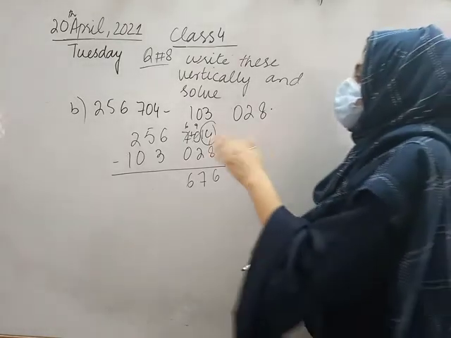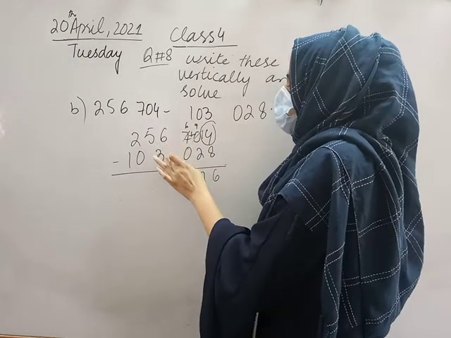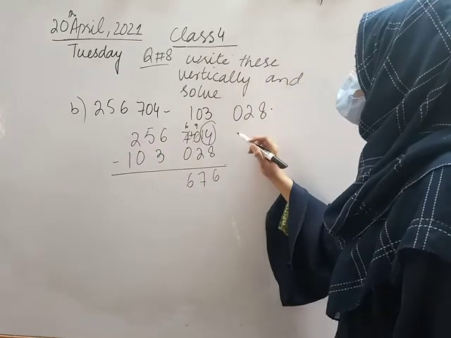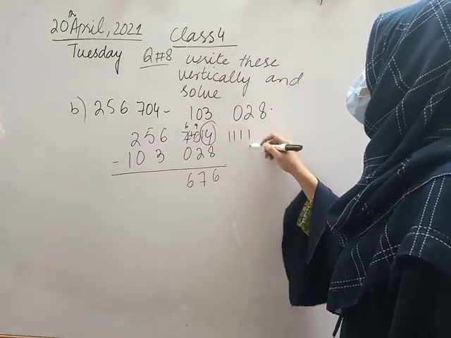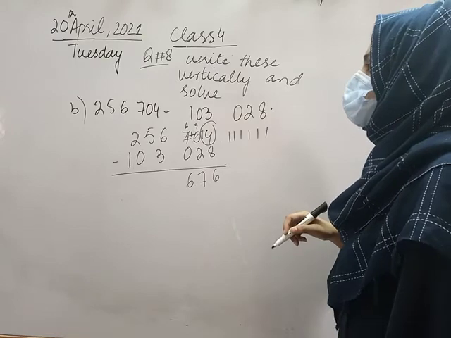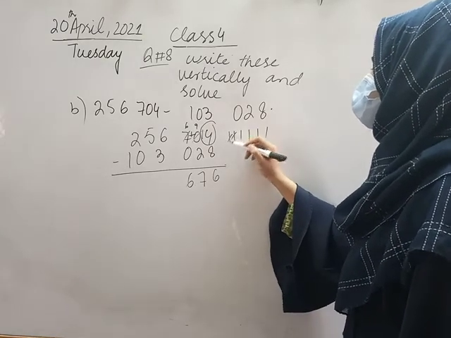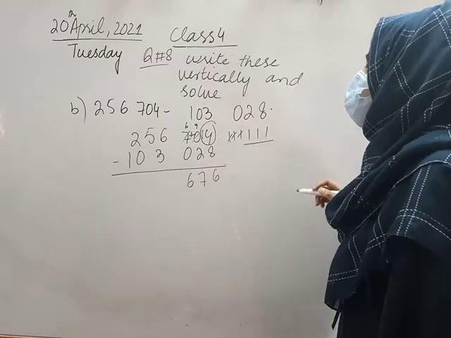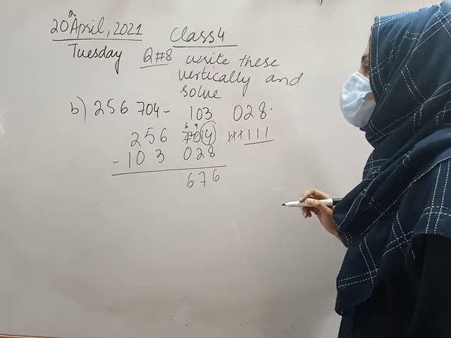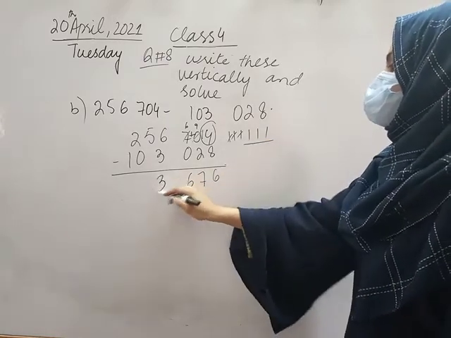Now the very next number, which is 6 minus 3. 1, 2, 3, 4, 5, 6. 6 in total and I want to subtract 3 from it. 1, 2, 3. I have subtracted 3, and how many are left, class? 3.